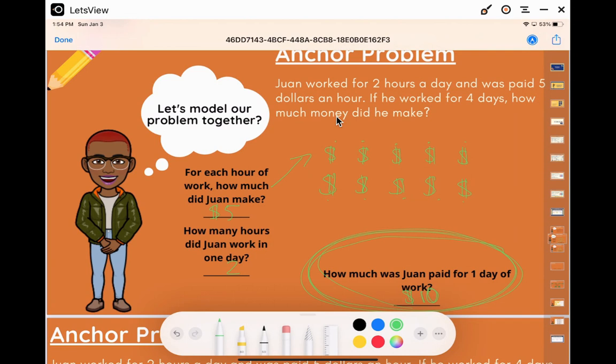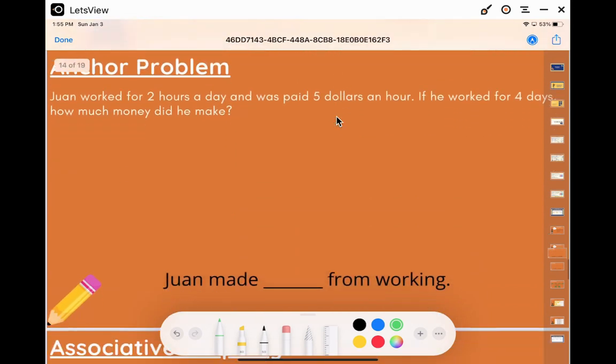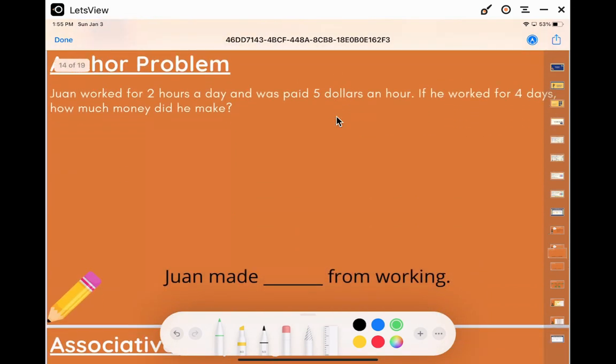All right, guys. Well, guess what? We're not done yet. Keep those pencils rolling. It says that Juan worked for 2 hours a day, was paid $5 an hour, but he worked for 4 days. So how much money did he make?